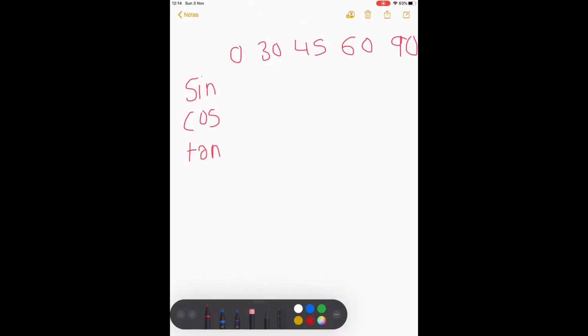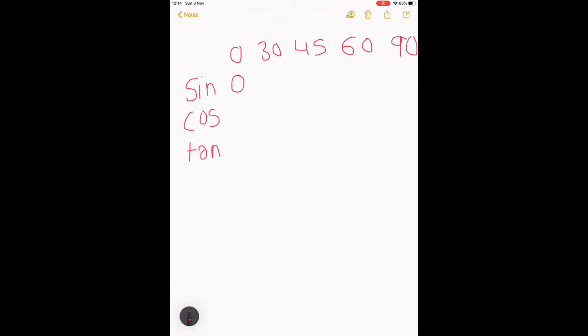So we know that sine 0 and sine 90 are binary numbers. We have sine 0 is 0 and sine 90 is 1. Then we know that half of sine 90 is sine 30, so we have half here. Then we know that under root of sine 30 is sine 45, so 1 over under root 2. And then we know that sine 60 is its own unique root 3 over 2.